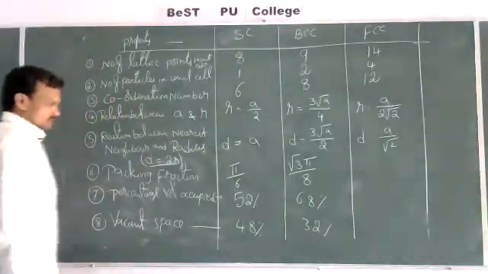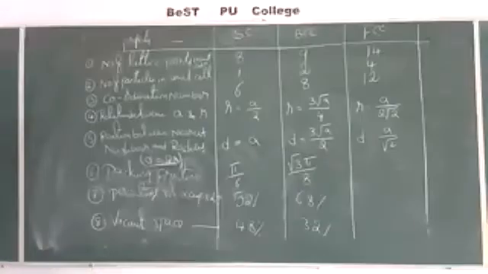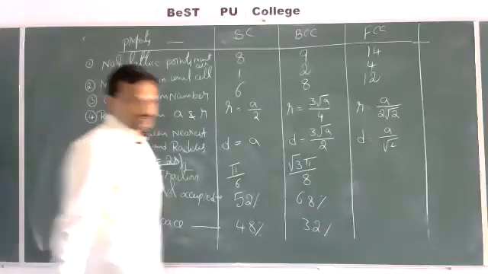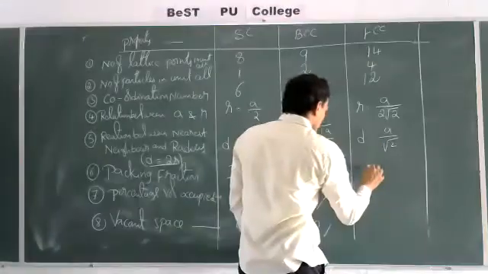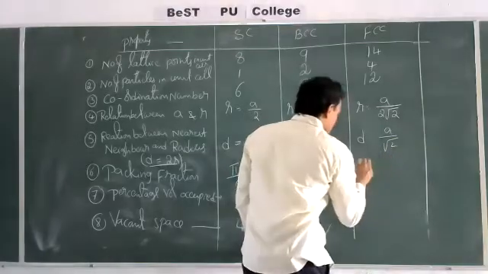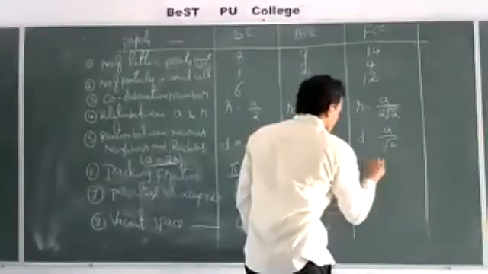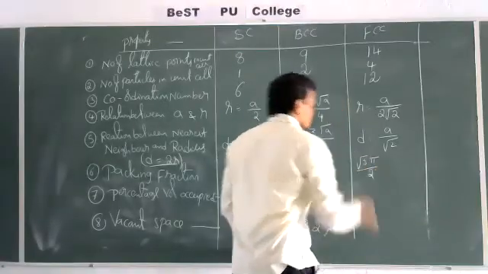Okay, next. What is the packing fraction of the FCC lattice? In case of the FCC lattice, the packing fraction is equal to root 3 pi by 2.